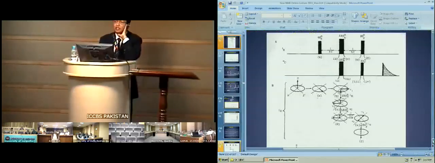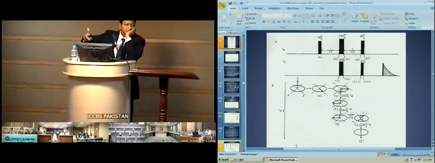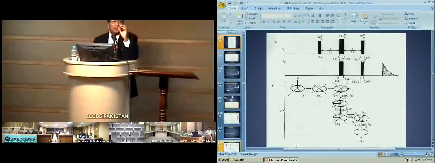If you give a 90 Y pulse, what will happen? This is the spin inversion pulse, and I'll tell you what actually happened.